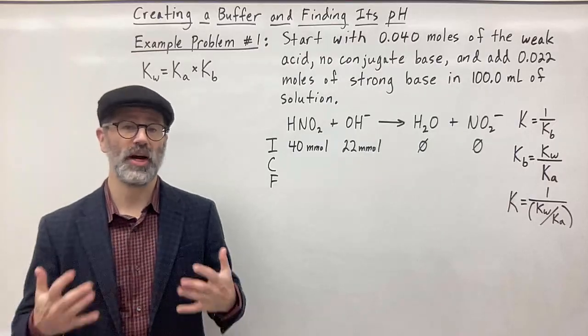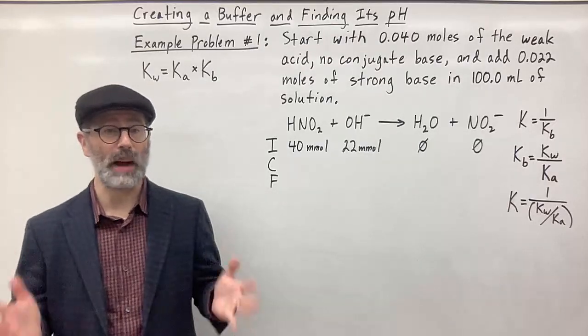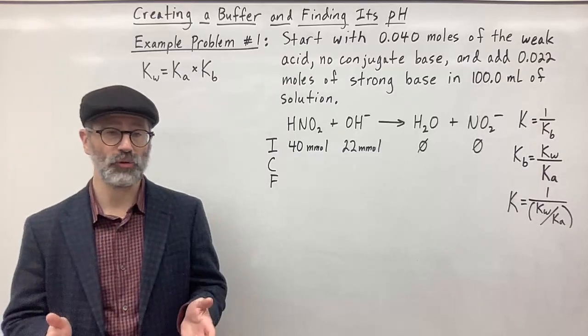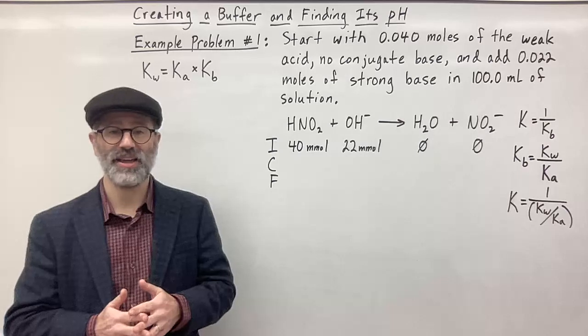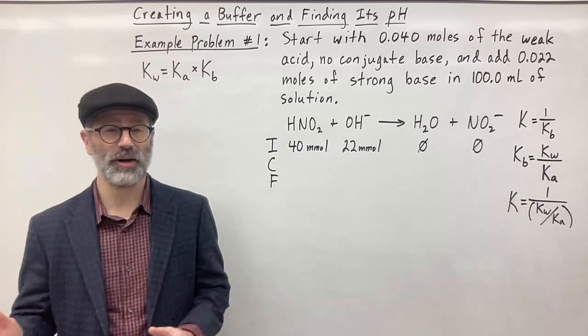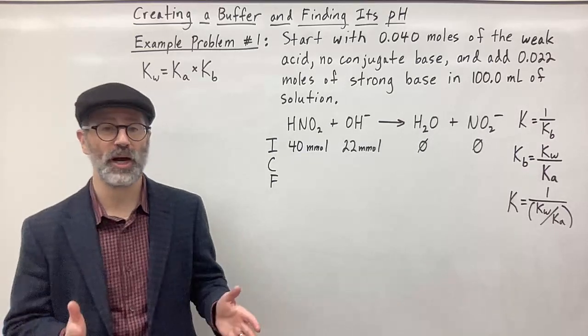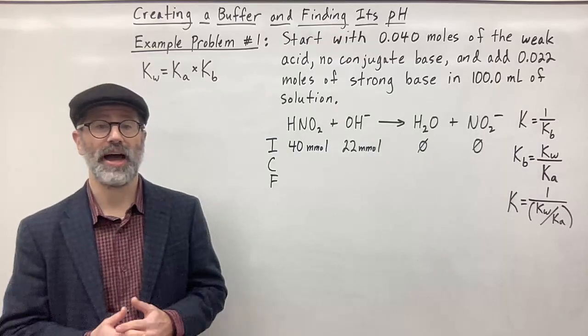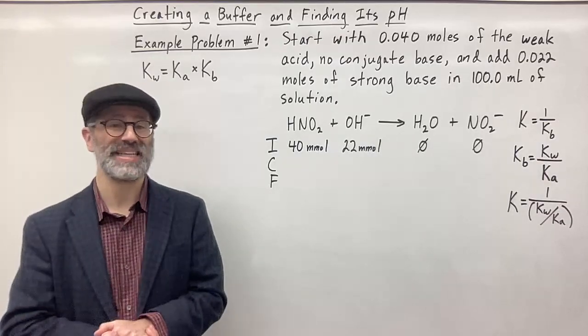And so you want to do a kind of stoichiometry problem first, in terms of moles, and then figure out what you end up with at the end of that reaction, and then from there go on to do the equilibrium problem like you normally do, and we'll figure out the pH doing an ICE table.